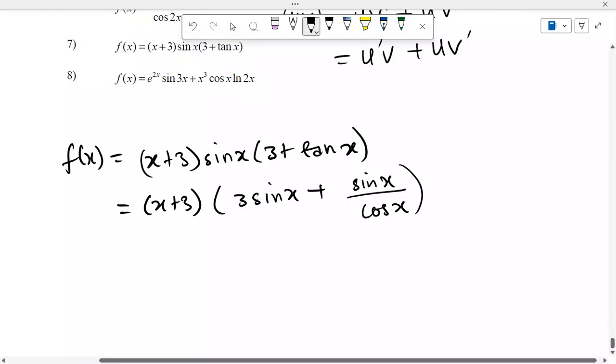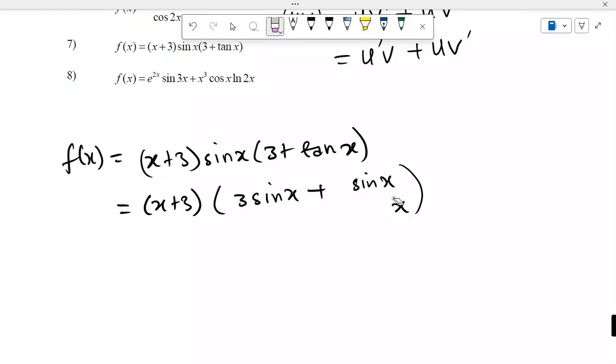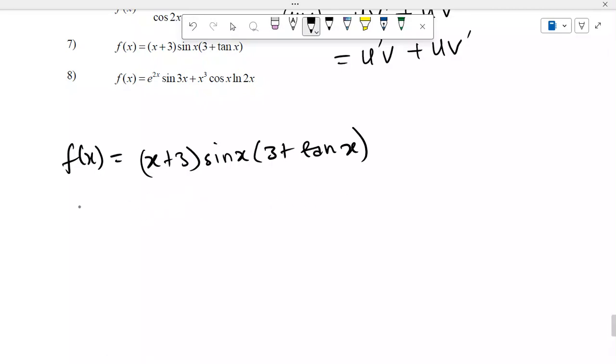And now if you multiply, no, I think we'll make the question more complex. No need. Let's just stick to the earlier method. This can run us into trouble. I thought sine would cancel, but this is tan. At least if it was sec, the sine would have been at the bottom, then it would have cancelled. So no need. So let's say sine x (3 plus tan x).